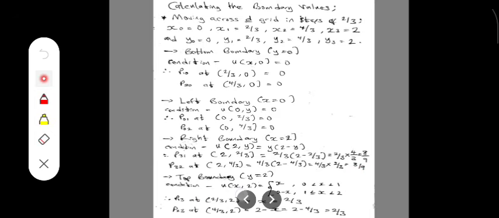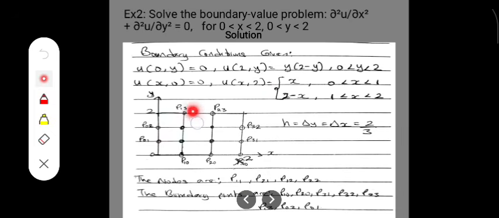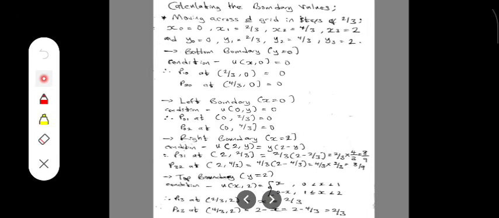Now for the top boundary where y is equal to 2, we have 2 points also, P13 and P23. So for P13, according to the condition, if the y ordinate is equal to 2, then we can apply either of these two conditions based on wherever it falls.